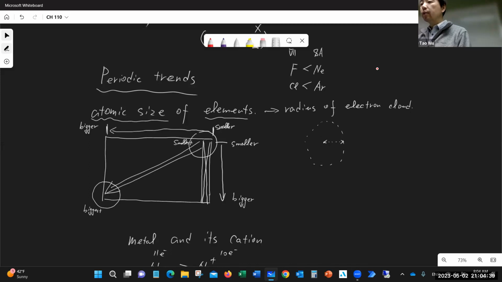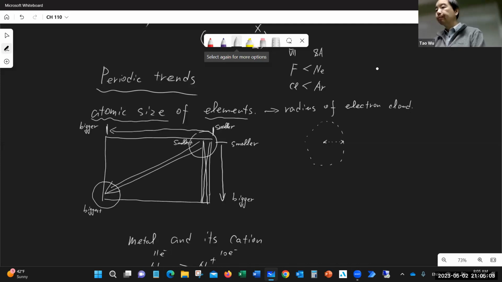The overall trend is that on the top right parts, we have really small atomic size, but in the bottom parts, we have the biggest atomic size. From top to bottom, we go from smaller to bigger.